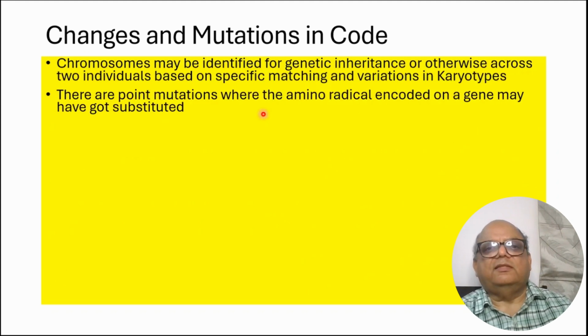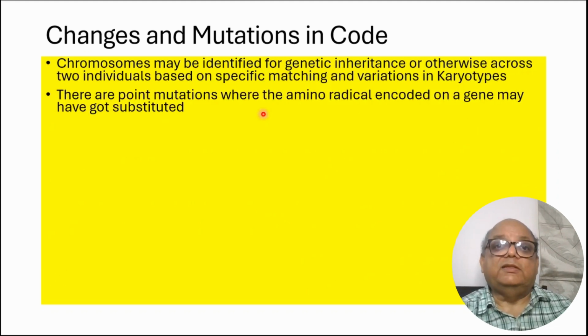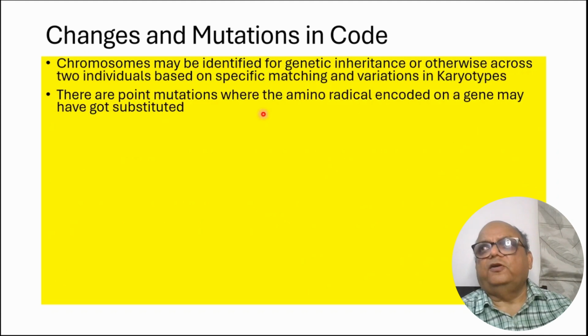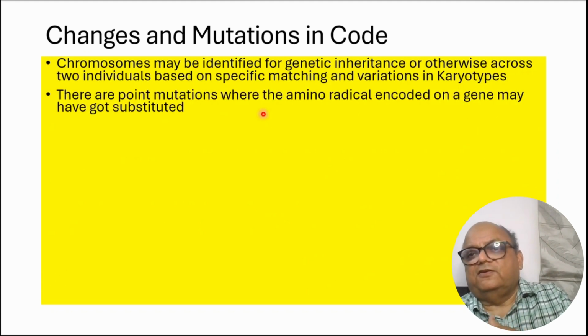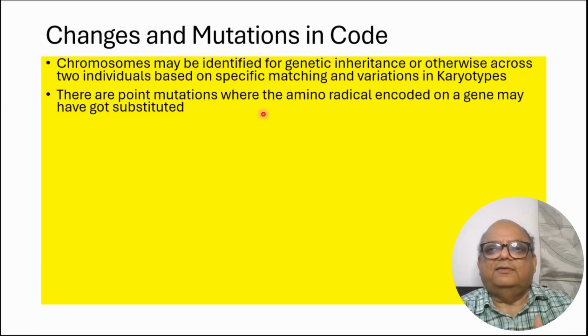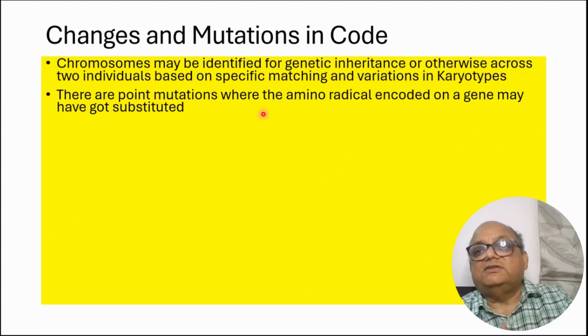So on a gene, some point substitutions may be there as a process of feedback, because suppose a protein is getting formed and it finds that it is not matching with the shape of the birth canal and it has to perforce bend somewhere, then it will substitute that amino radical locally there, and then somehow there is a reverse transcription, translation, so the DNA knows that this change needs to be done for the game to be successful.